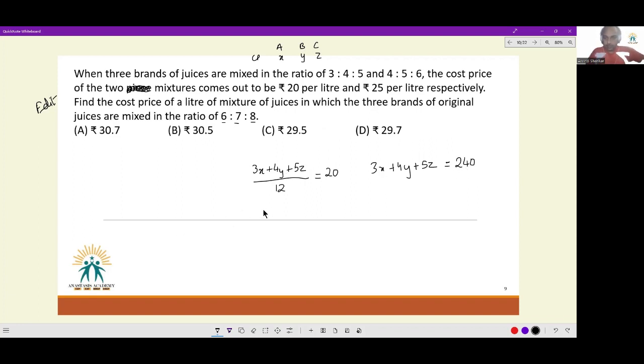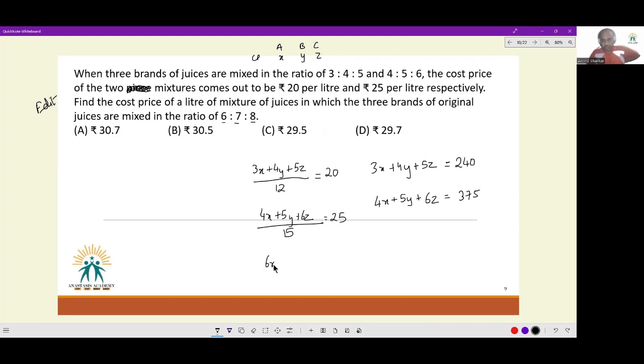For the second one, we have 4x plus 5y plus 6z divided by 15 units is equal to 25. From this we get 4x plus 5y plus 6z is equal to 375.